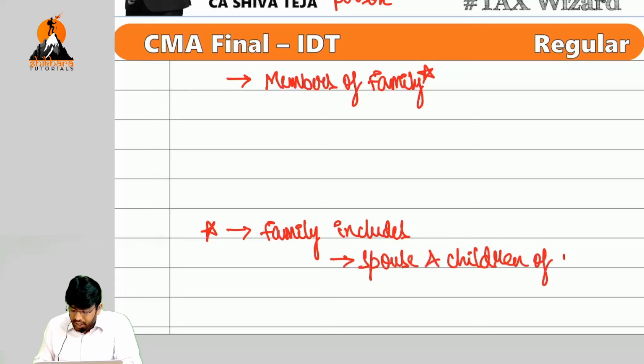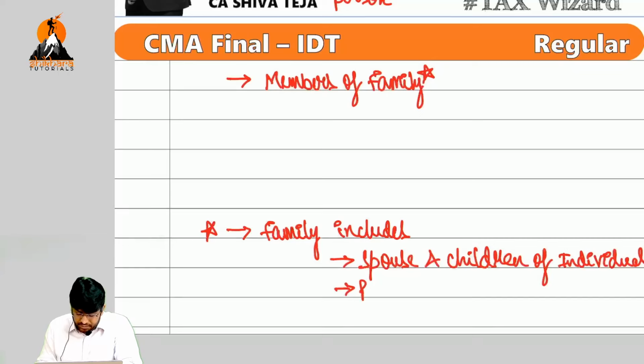Spouse and children of individual. Student is asking, sir, 2 children or 3 children? How many are there? This is not income tax. Total 100 per month per child, maximum 2 children. Okay, no? So first one, spouse and children.